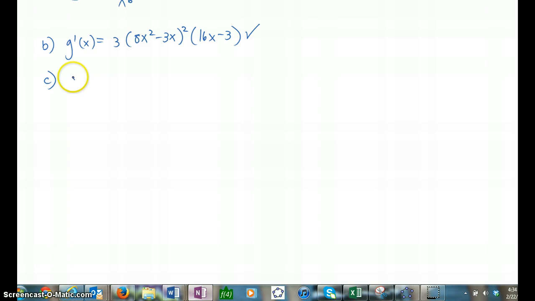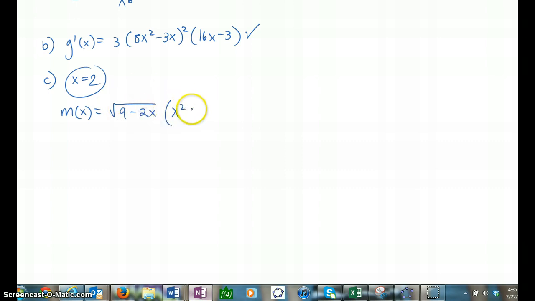Try subbing in a value like x equals 2 into your answer, and then sub that same number into their answer, and see if it comes out with the same y value. And if it does, it probably means you have the right derivative. You have to use some problem solving skills here to verify your answer.